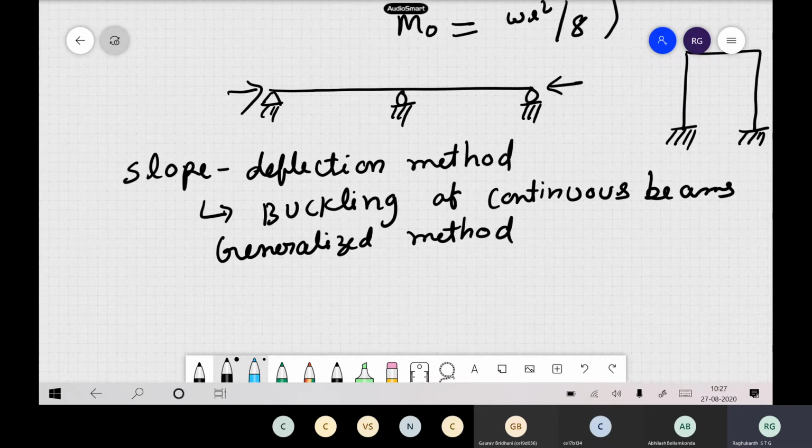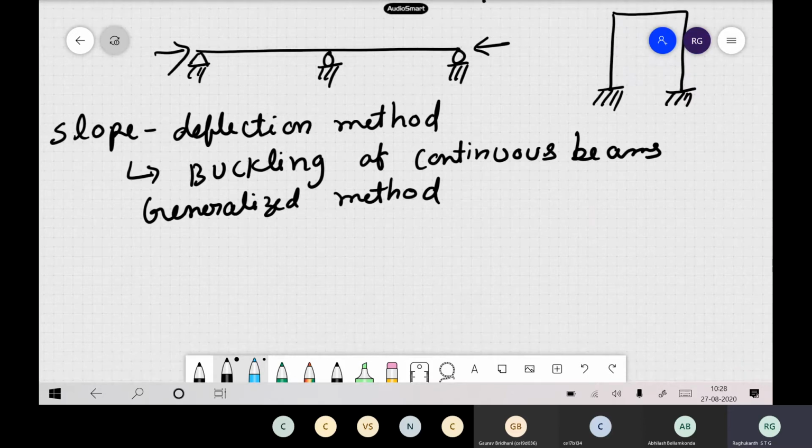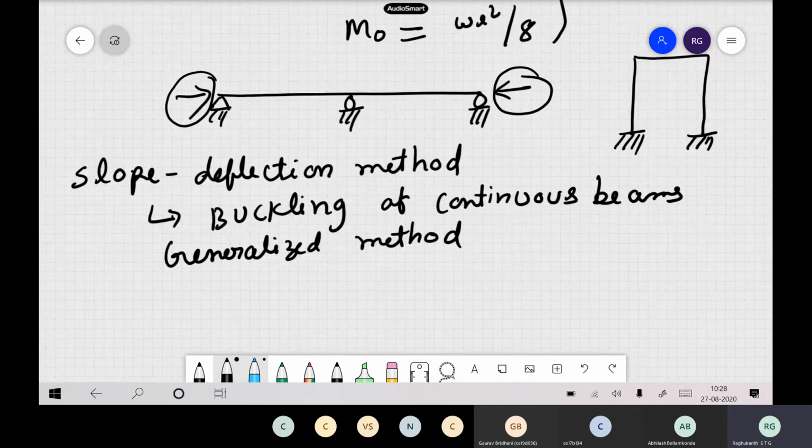So your slope deflection equations, how did you derive them in your UG? You remember? These axial forces are ignored actually. We don't consider these axial forces. You assume only lateral loads acting on your beam, and you derived those slope deflection equations in structure analysis.